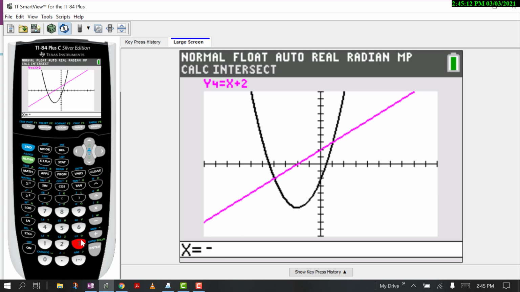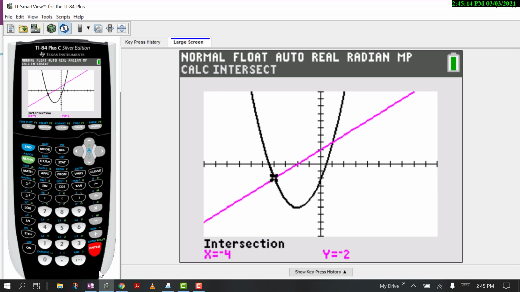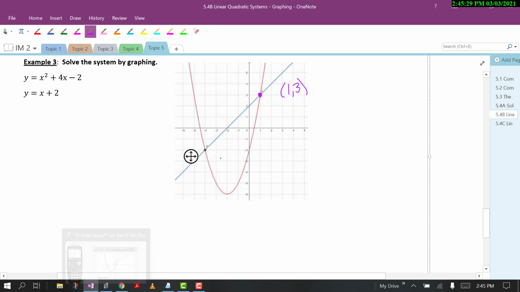So let me just type in -3, hit enter, and it takes us to our other one. -3 obviously was not our solution, but -3 took us real close to this intersection, so it found this one instead of the other intersection that we found. So -4, -2. And again, you can just look at this graph and see it. But the calculator is nice if we don't have integer answers. As long as they're real numbers, we can find it fairly easily. And that's graphing systems.